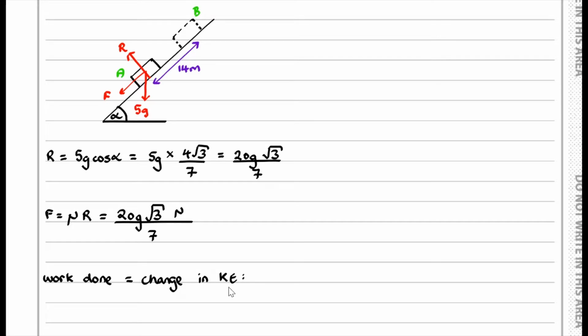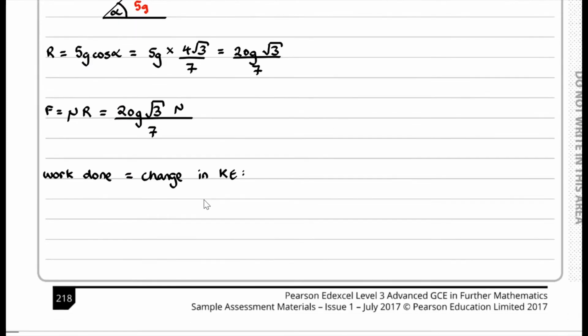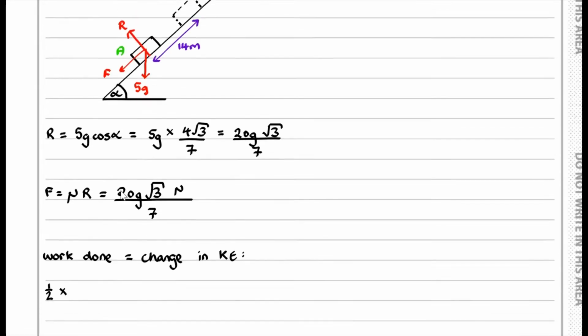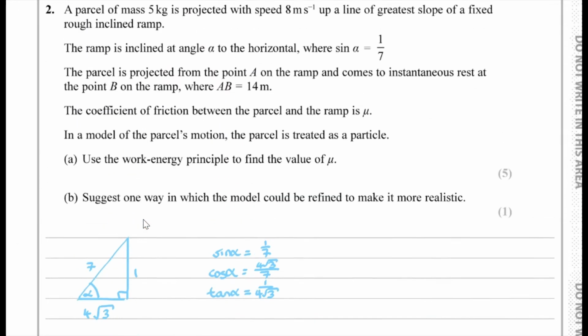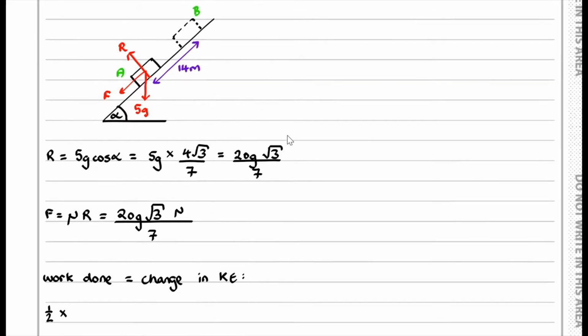So the change in kinetic energy, if it comes to rest at the point B, is given by 1/2 times, if you go back, the mass is 5 kilograms, and the initial speed is 8.